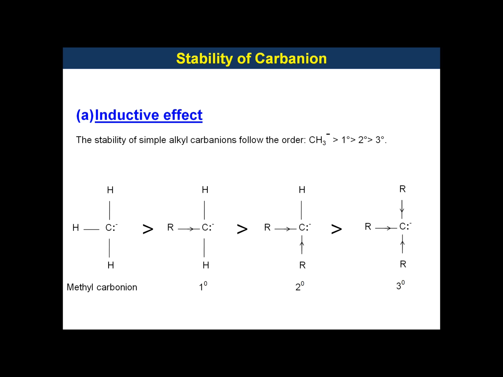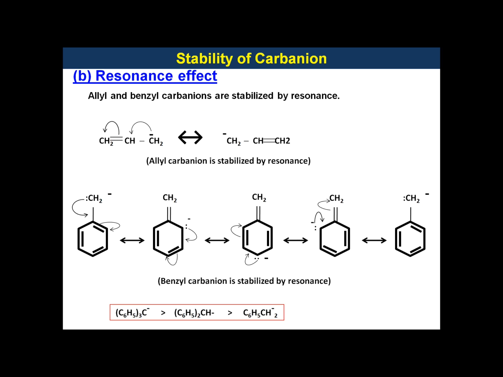So this is the reason the excess buildup of negative charge on carbanion destabilizes the system in the case of tertiary carbanion. Stability of allyl and benzyl anion can also be explained by resonance effect. Here also, comparing with primary carbanion, the allyl and benzyl carbanions are most stable due to resonance effect.